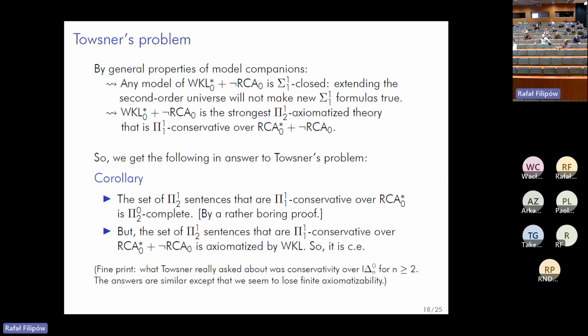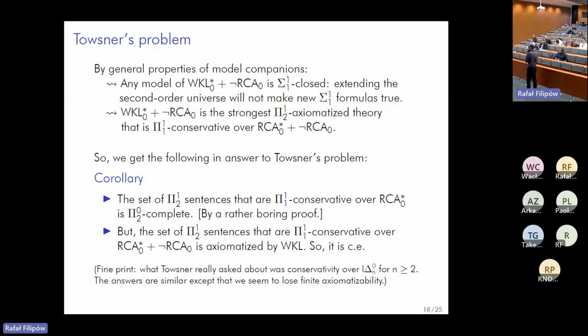The answer is that if you explicitly stick negation of induction, negation of the stronger base theory, into your axioms, then the set of pi1 2 statements that are pi1 1 conservative is actually axiomatized by weak Königs lemma. So it's computably axiomatized, and the answer to Tausner's question becomes negative. The answer to more or less his original question is actually positive.